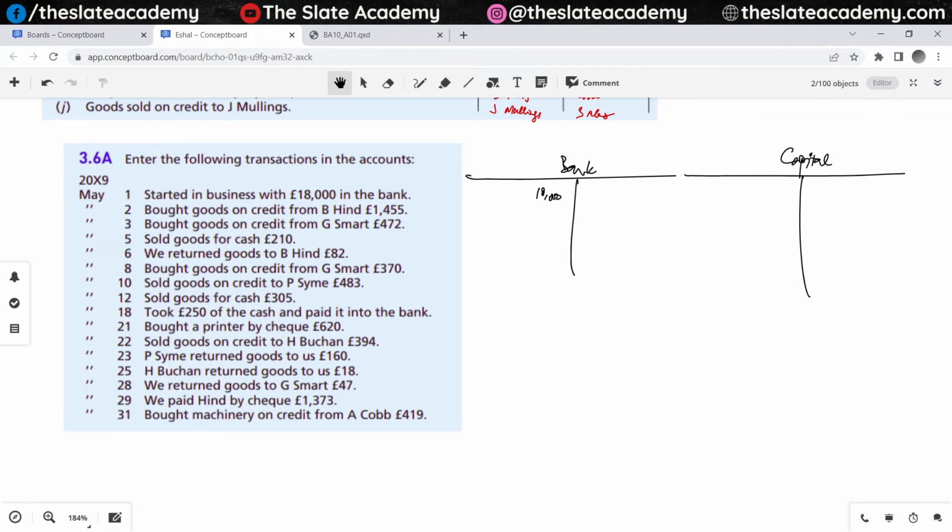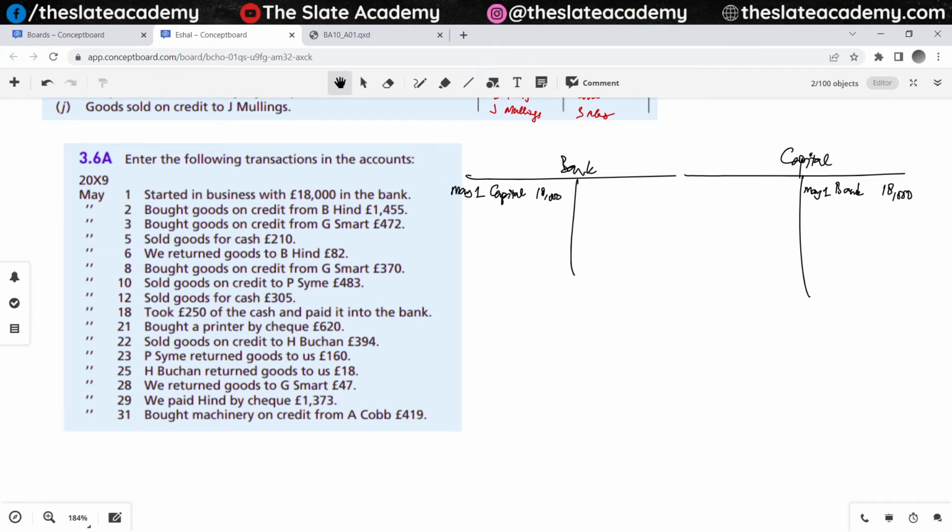How much in capital? Same 18,000. Here I'd write bank, and in the bank debit column I'd write capital. So what is the date? May 1. May 1 and May 1.